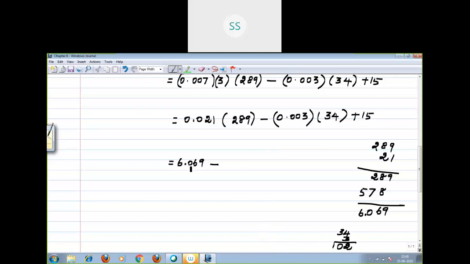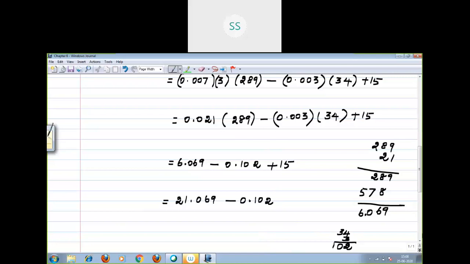So the value here is 0.102, plus 15. Now you add and then subtract. 15 plus 6 how much? 21.069 minus 0.102. You want to do the subtraction.